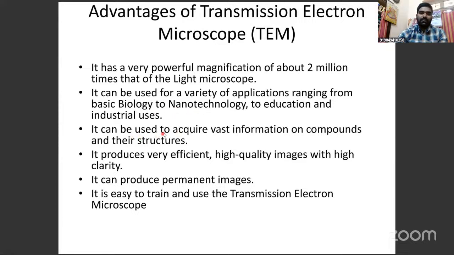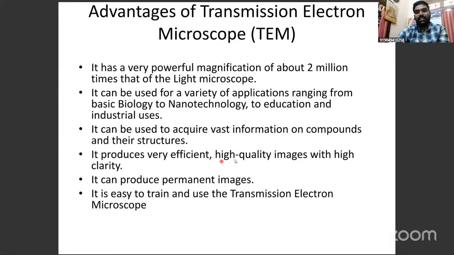It can be used to acquire vast information on compounds and their structures. For finding the structures of the compounds, we can use the transmission electron microscope.